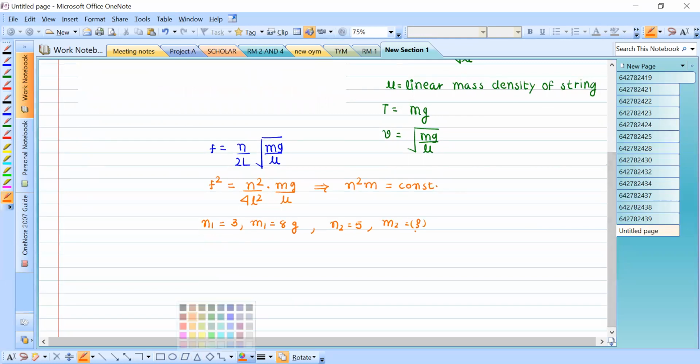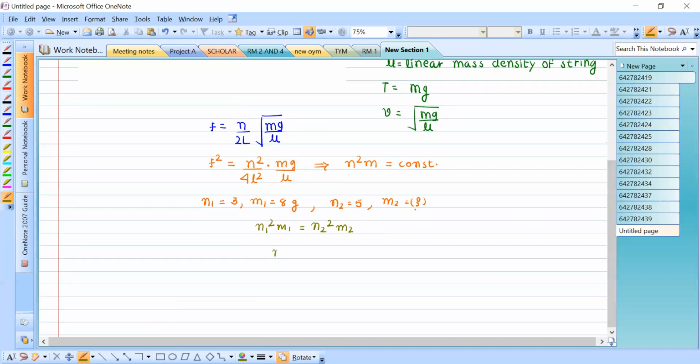So now let's change color. n1 square m1 equals n2 square m2. We need this m2 mass. n1 is 3 square, n2 is 5 square, multiplied by m1 that is 8, so it's 9 by 25 times 8.